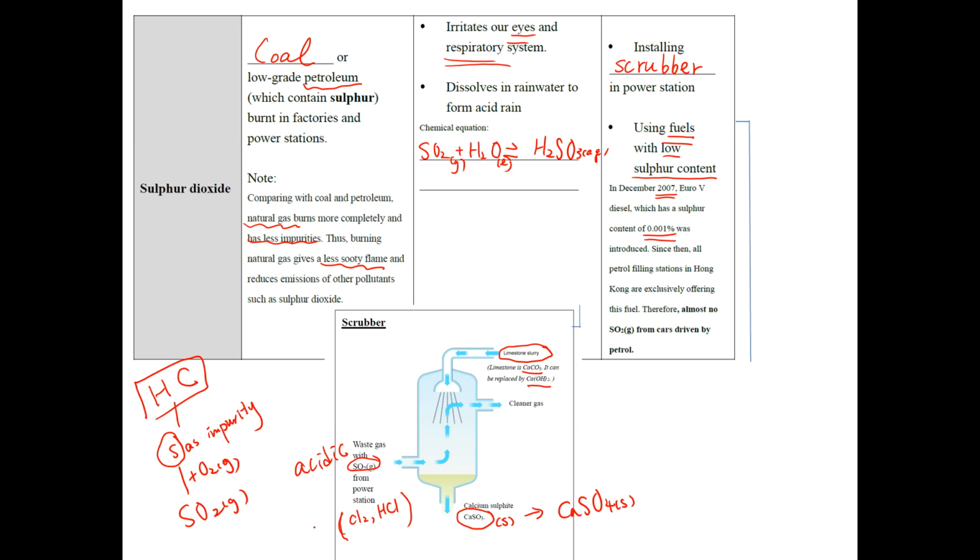So can you take your highlight pen? We can assume that for the fuel for cars, because of the super low sulfur content inside, there's no sulfur dioxide gas coming from the combustion of petrol in cars. We can assume no sulfur dioxide.